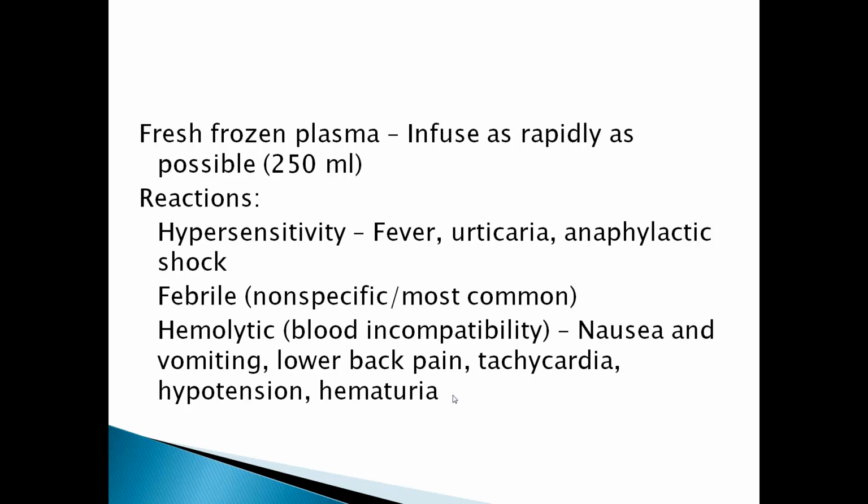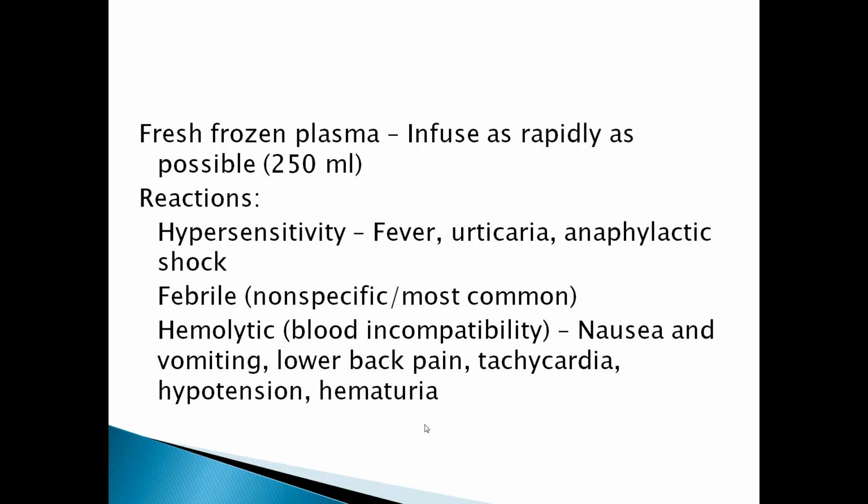So the types of reactions we get are usually febrile reactions. So they run a fever, things like that. We can give the patient Tylenol or aspirin before, if there's a chance they're going to have that. So we can do that one.